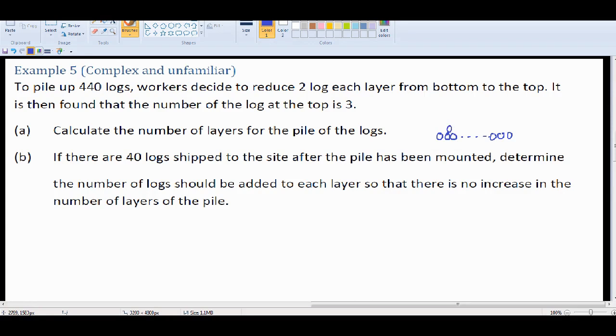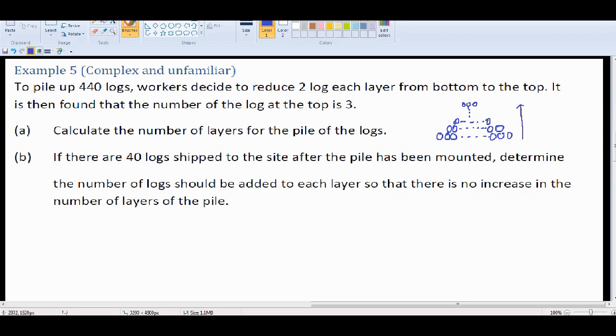So let's suppose you reduce 1 from each side, 2 in total. Okay, so it will pile up like this. We don't know how many layers, but at the top there's only 3.